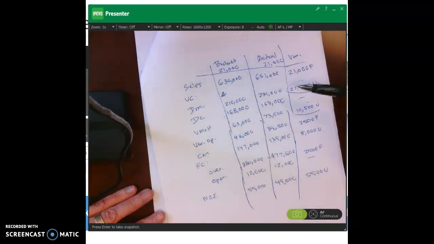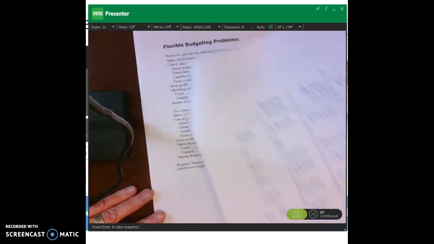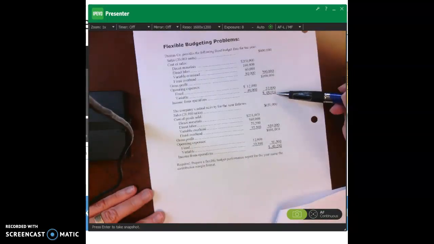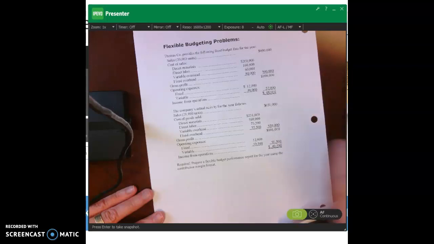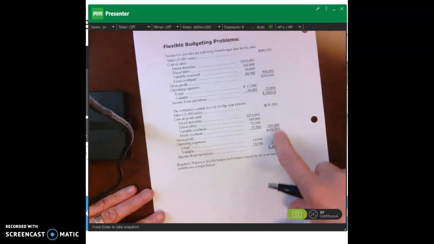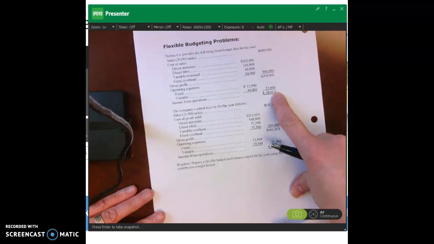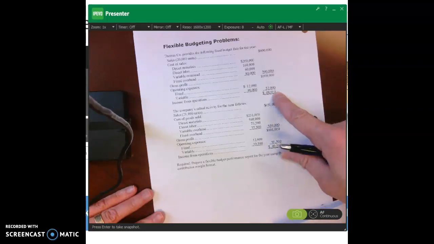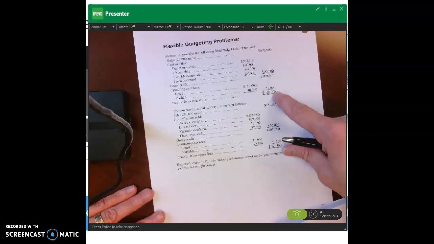This is a better way to look at it than what we have over here. Because over here, this appears to be a favorable variance in terms of profit, right? 49,500 at 21,000 units. And we say, oh, 49,500, we were supposed to make 48,000. We have a favorable variance in terms of profit by $1,500.